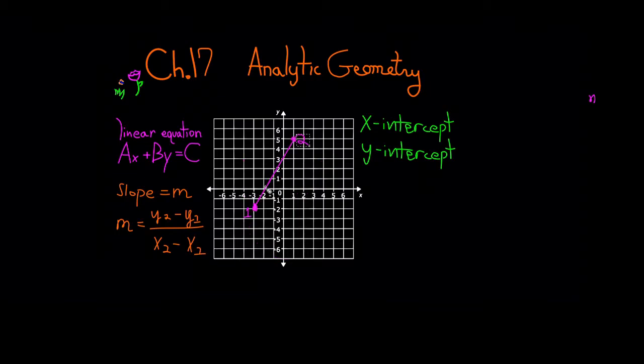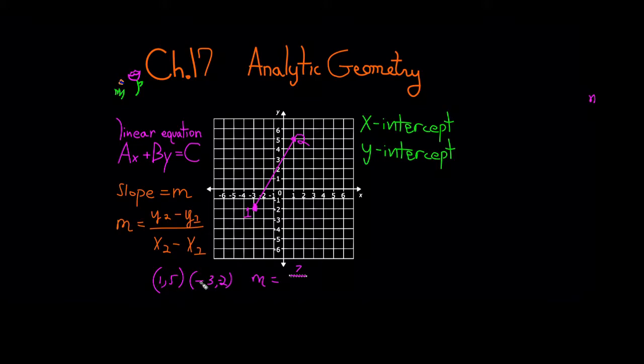So let's say I have this equation graphed here, and I have a coordinate at time 2 and a coordinate at time 1. My coordinate at time 2 is (1, 5). My coordinate at time 1 is (-3, -2). So that is 5 minus negative 2, which is 7.